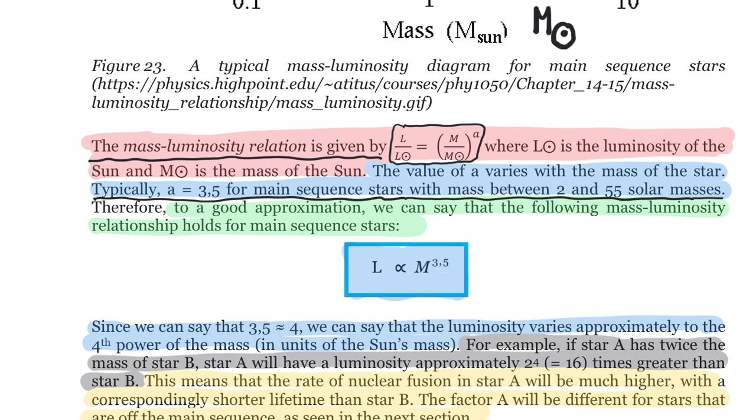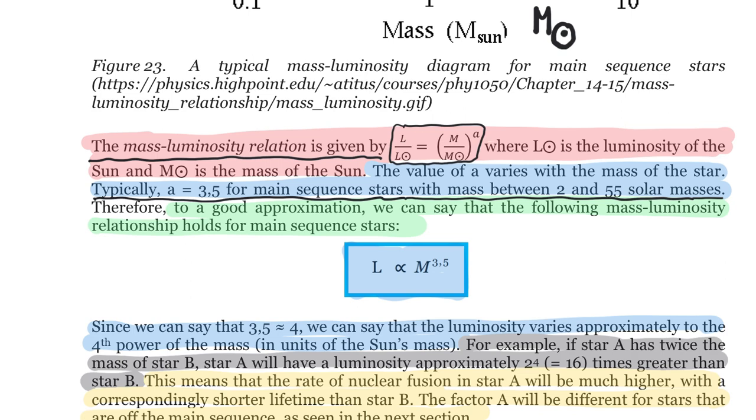Now, this value of a varies depending upon the type of star. But to a good approximation, we find that most of the main sequence stars have an a value of approximately 3.5.